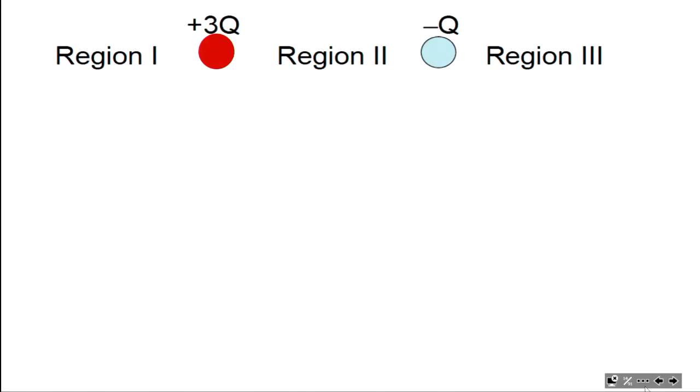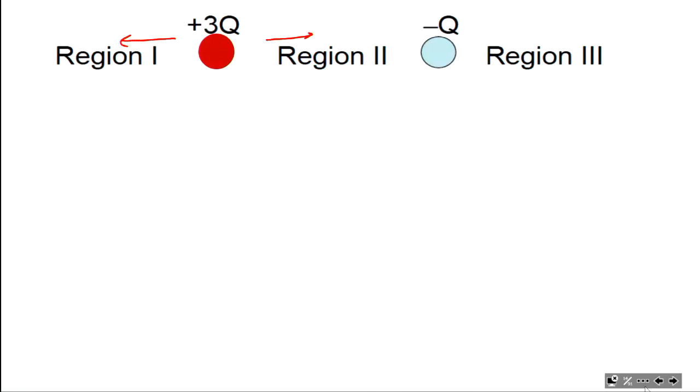And when we draw arrows, vectors which represent the electric field of one charge, we completely ignore the presence of the second charge. So at first there is only the positive charge, and when we are very close to it, the electric field is strong and it must point away from it.